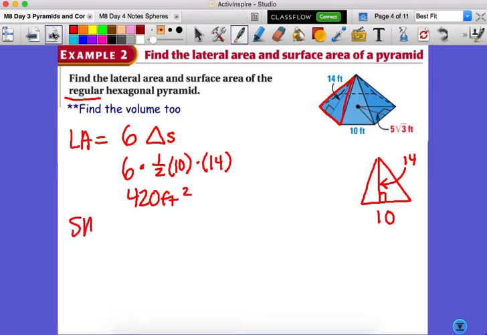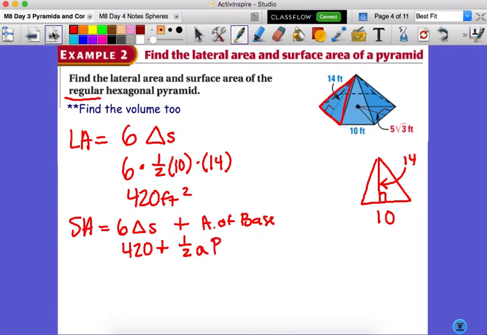For surface area, we're going to take those 6 triangles plus the area of the base, right? So now we're going to add in this piece that we forgot. So I'm going to take what I just found plus the area of a regular hexagon. And to find the area of a regular hexagon, that's that 1/2 apothem times perimeter formula.